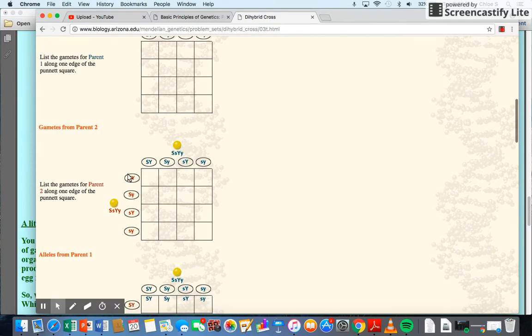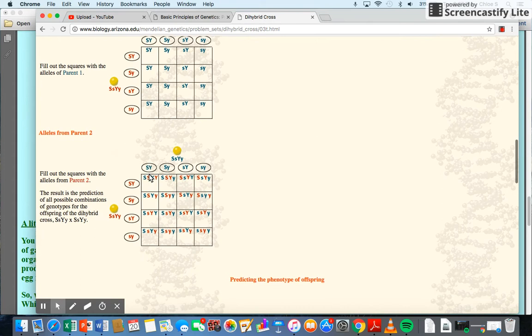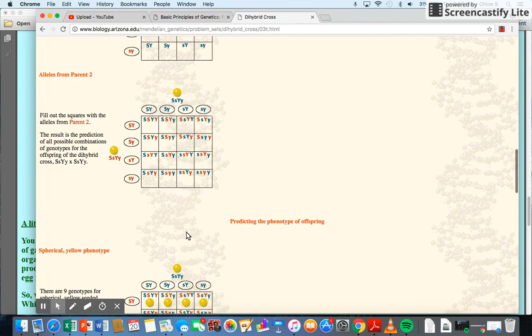Each of these traits is going to code for something different. S can be for size or shape, and Y can be for color. Once you do the cross out, you still follow the same way that you did in the other one. You take the big S, big Y, they go right here. Then big S, little y, right here, and you follow the same sort of pattern.